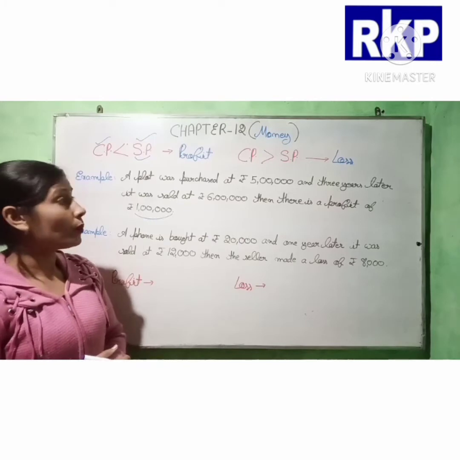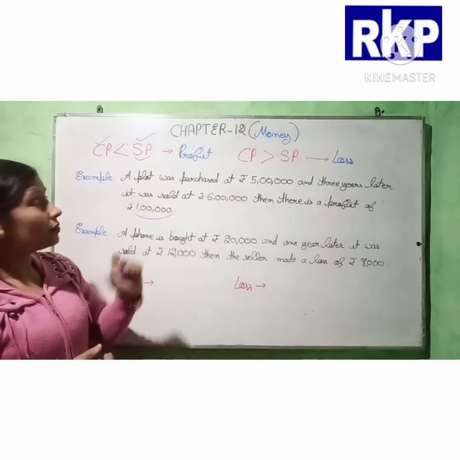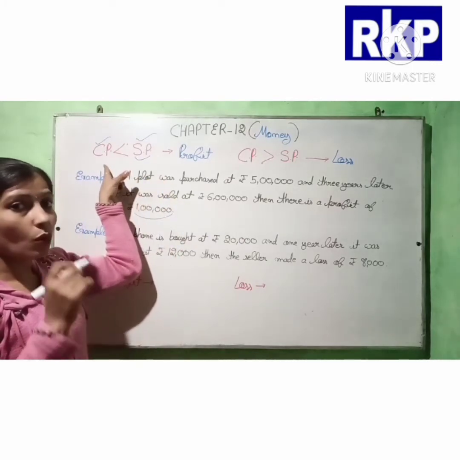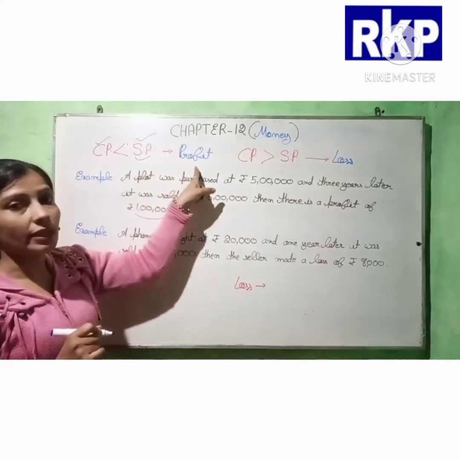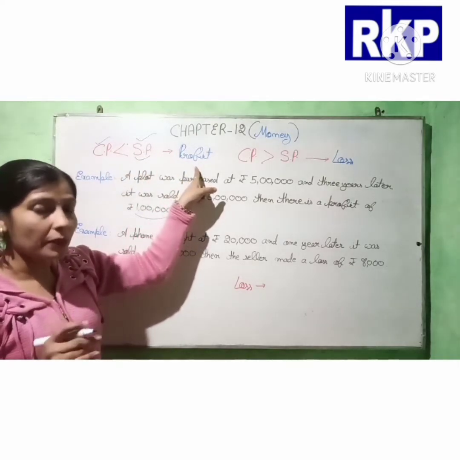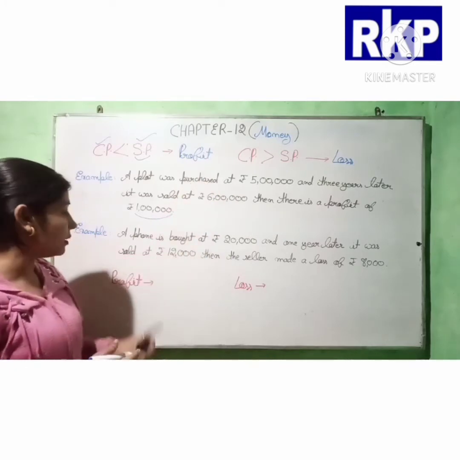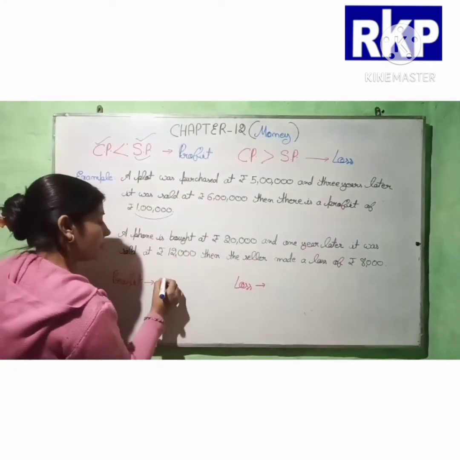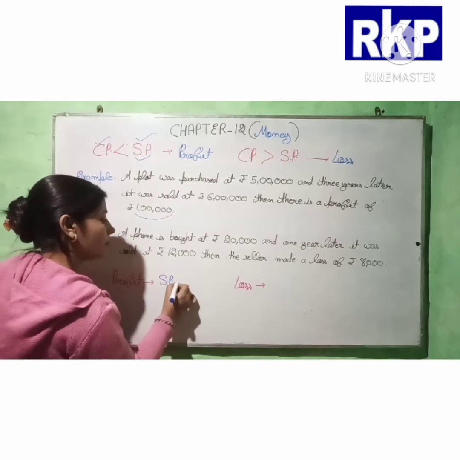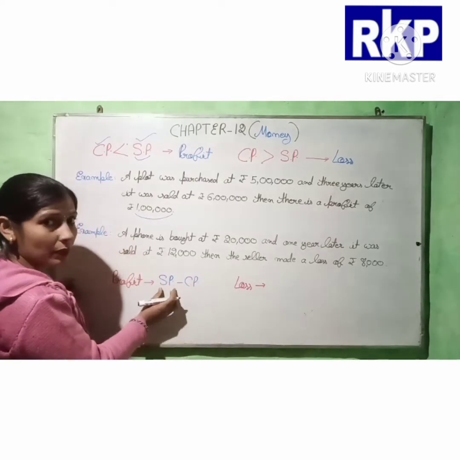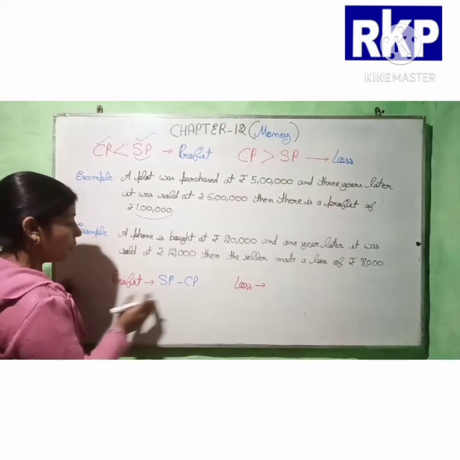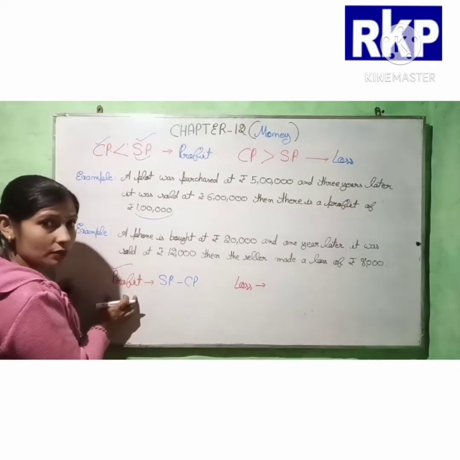So here we have to subtract cost price from selling price to find out profit. How can we find the profit? If we subtract cost price from selling price, then we can find out profit.